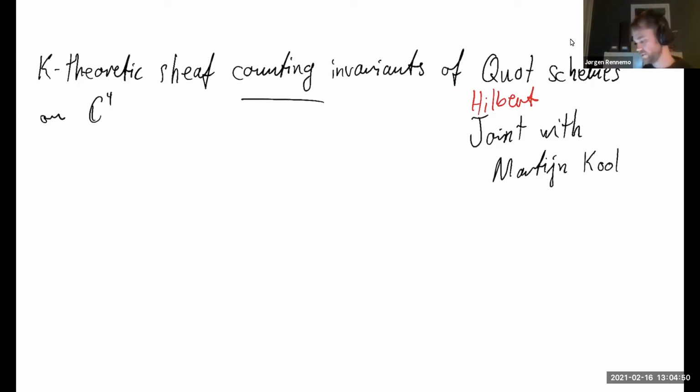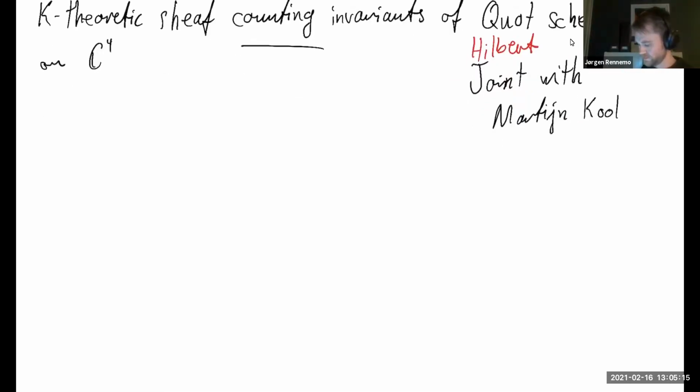And so the main goal is to explain what these are and to explain a theorem which gives a surprisingly simple closed formula for the computation, which was conjectured by Nekrasov. So yeah, those are basically the two goals of this.